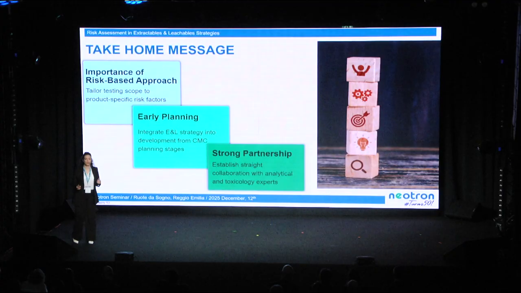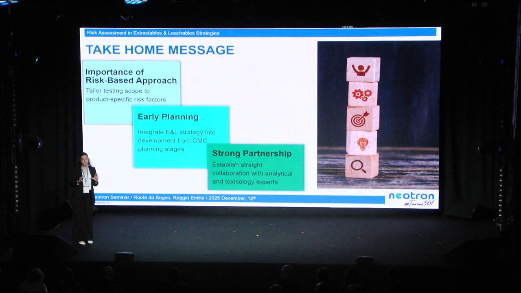So, in conclusion, what can we take home today from this presentation? Of course, the importance of the risk management and the risk-based approach, because testing scope has to be tailored upon a specific drug product.